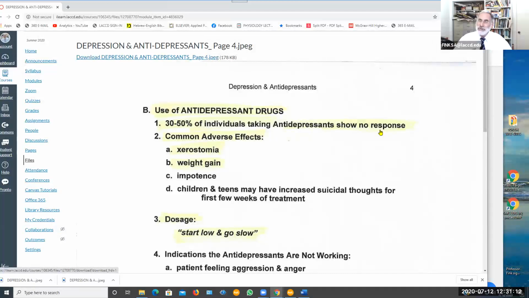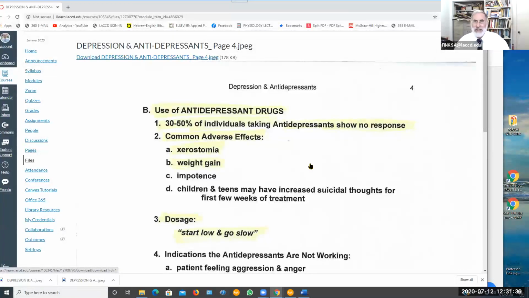Obviously, sometimes they will try more than one antidepressant. But in fact, if one has to try a second antidepressant, it may work, but there's an even higher probability that using yet another antidepressant will show no improvement in its effectiveness for real clinical depression.